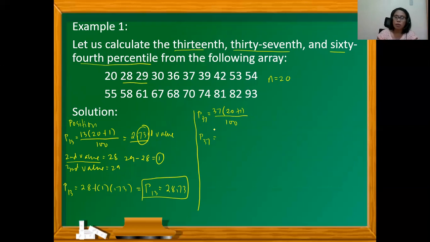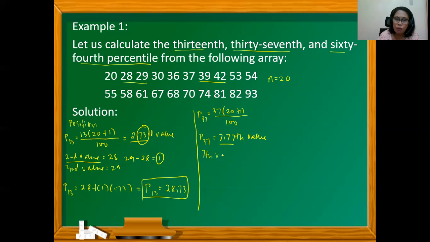So this is the 7.77 value. Same as what we did in P sub 13, 7.77 is within the seventh and the eighth value. The seventh and the eighth value are 39 and 42 respectively.